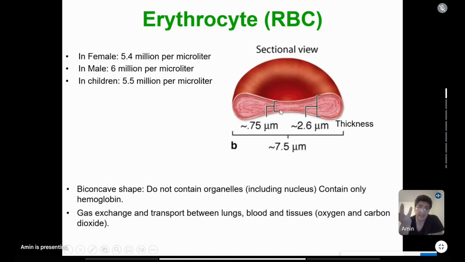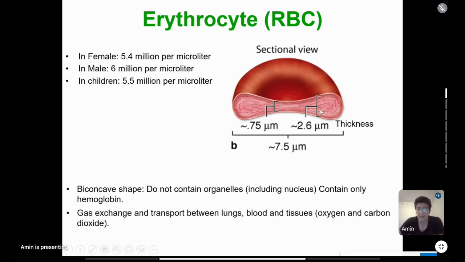As you know, the erythrocyte has a biconcave shape. The thickness in the middle is less than at the lateral, corner, or peripheral side.